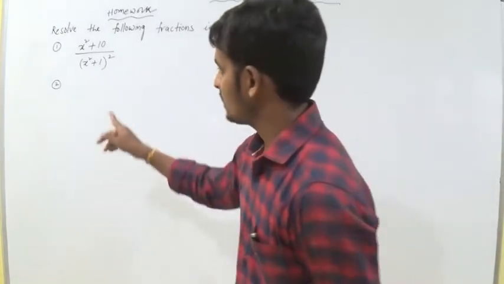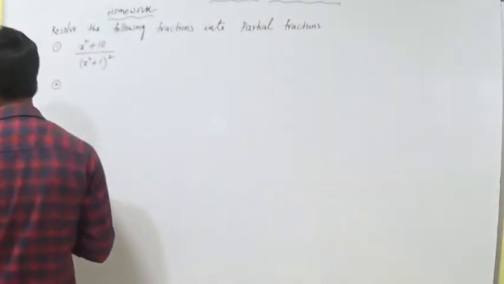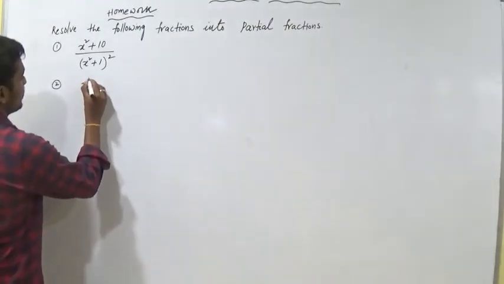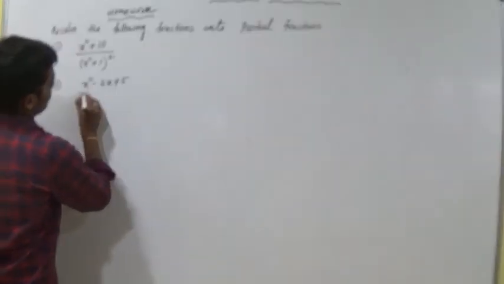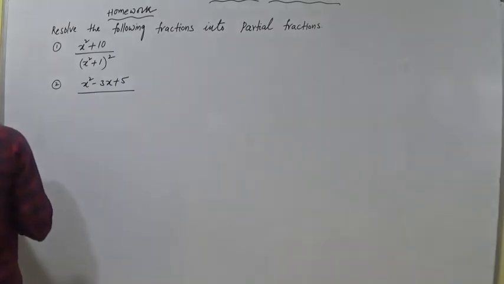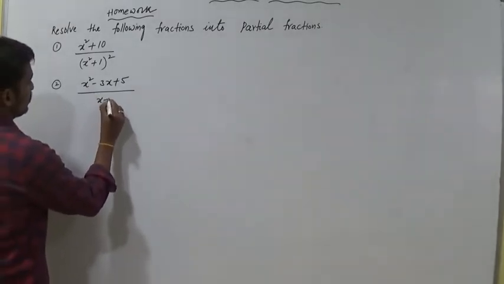Are you okay? That is the first problem I am giving you, and the second problem is x square minus 3x plus 5 by x minus 2 whole cube.